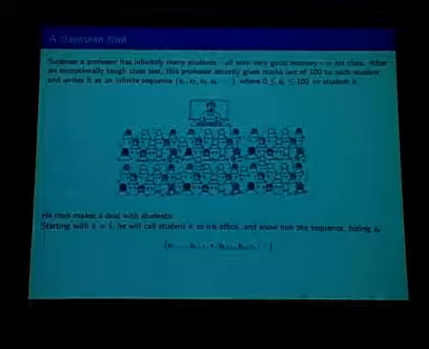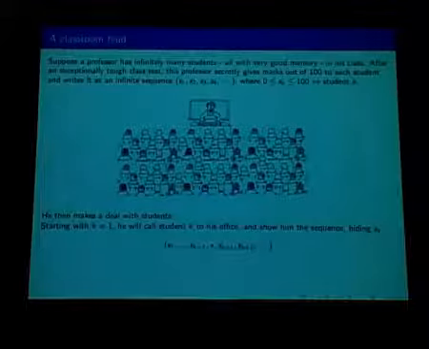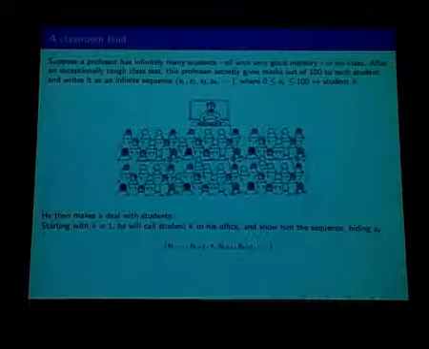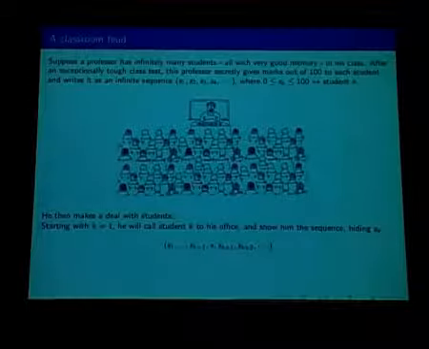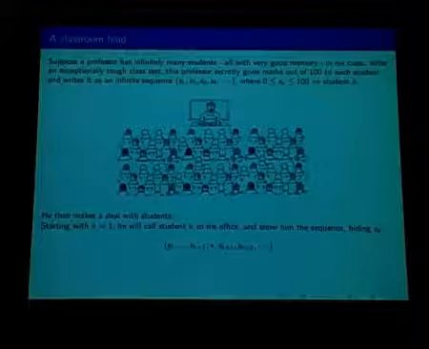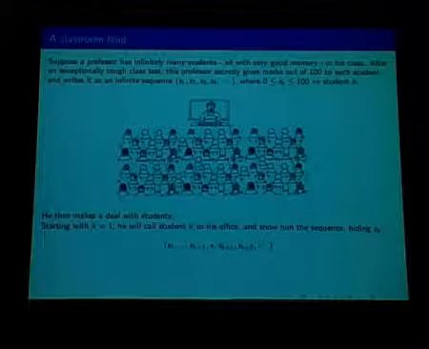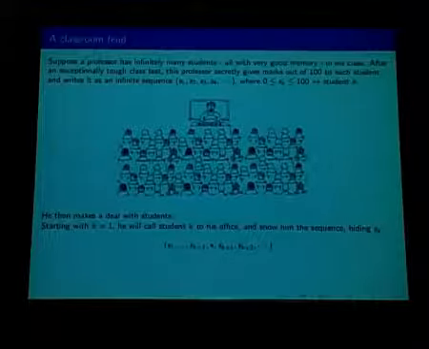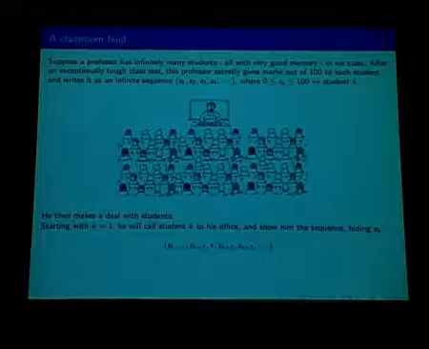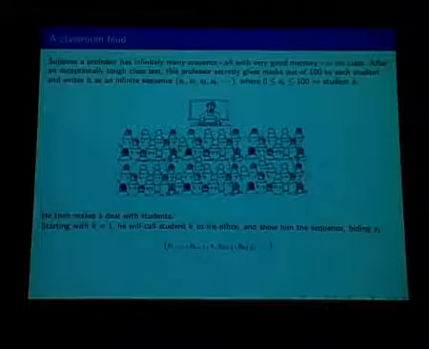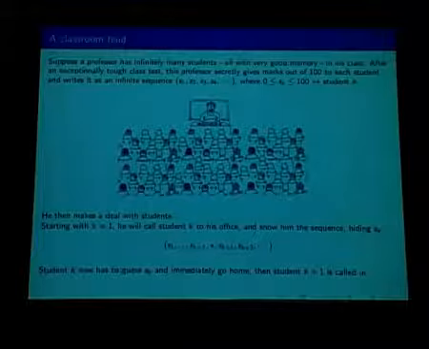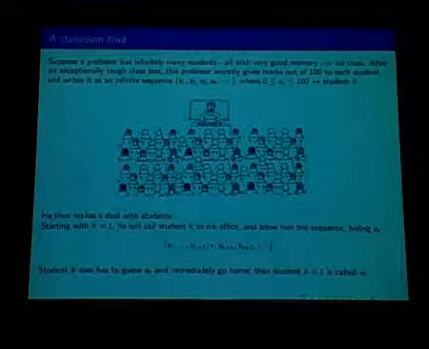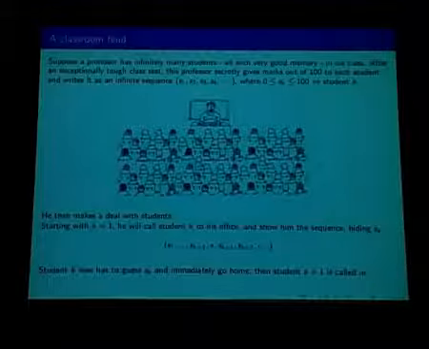He then makes a deal with his students that next day he will call student K. Starting from K equals 1, he will call student K to his office and show him the grade sequence that he wrote down, but he will hide student K's marks, that is, he will hide S_K. Now student K has to guess what S_K is and immediately go home, not talking to anyone else, and then the next student is called in.